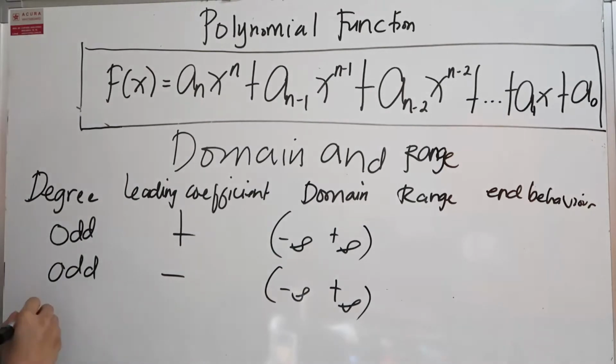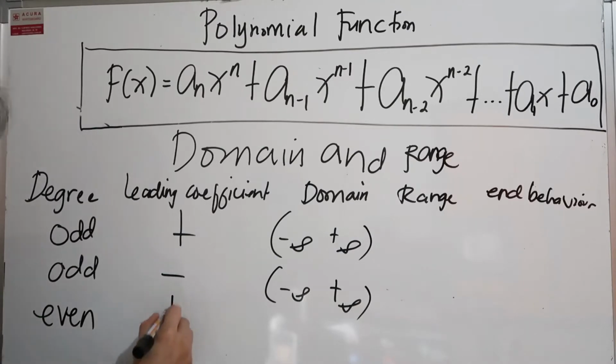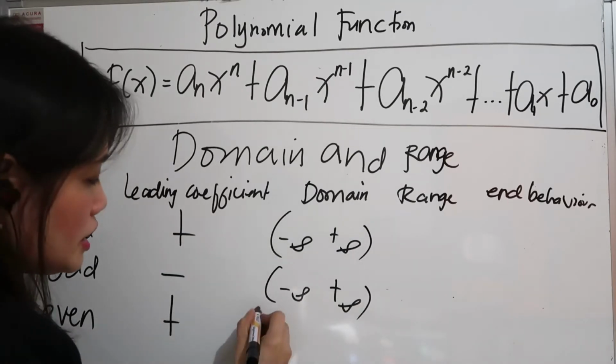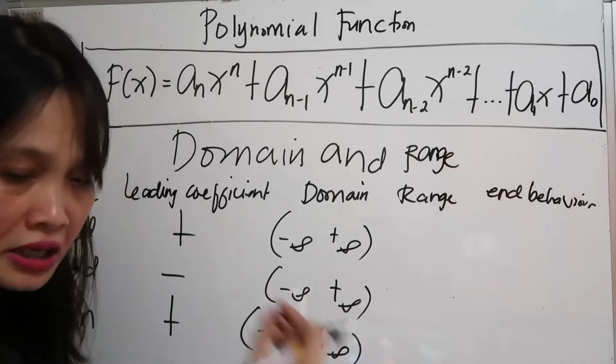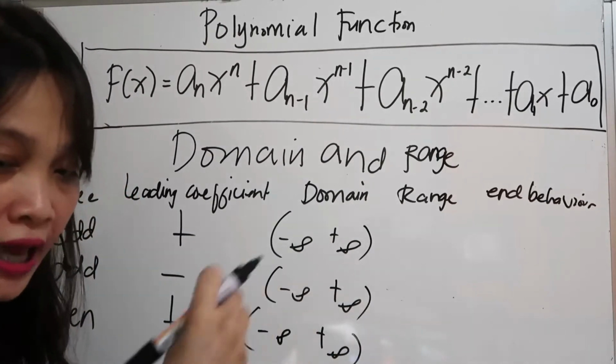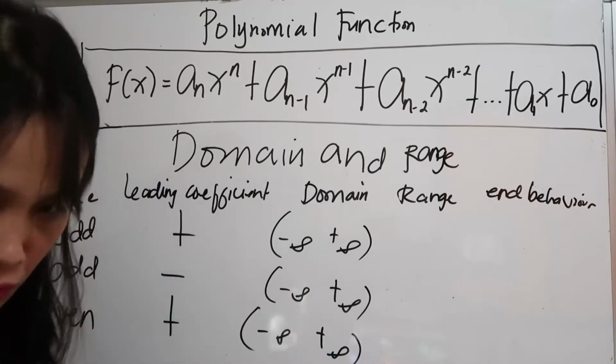What about even? If the degree is even and the leading coefficient is positive, the domain is from negative to positive infinity, meaning x are elements of the real numbers.